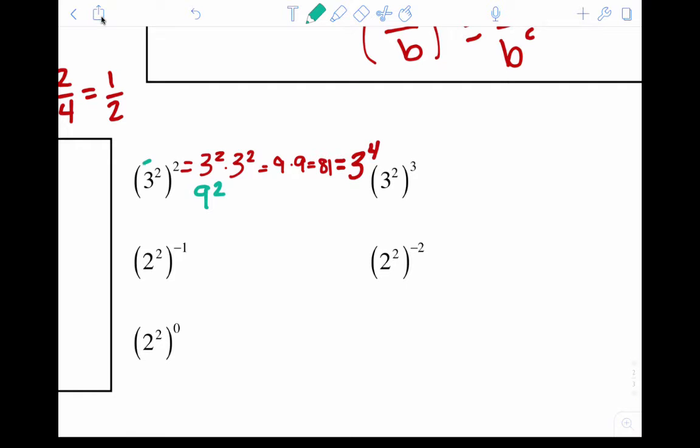So I could have worked inside of my parentheses first and then squared it. I can also expand it, and I can say, well, 3 squared is 3 times 3. And I'm squaring that, so I'm multiplying 3 times 3 times 3 times 3, which is the same as 3 to the 4th.